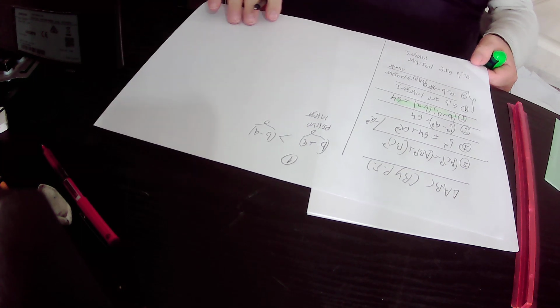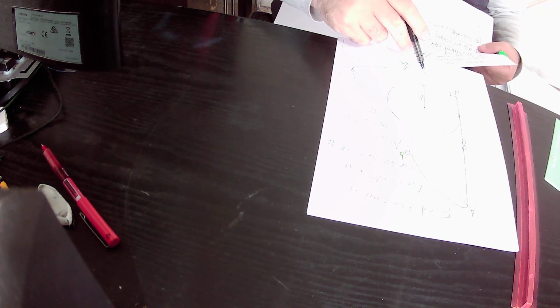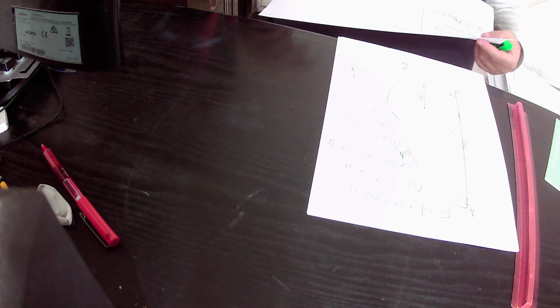And we also know that B is the hypotenuse and A is the perpendicular in the right triangle ABC.